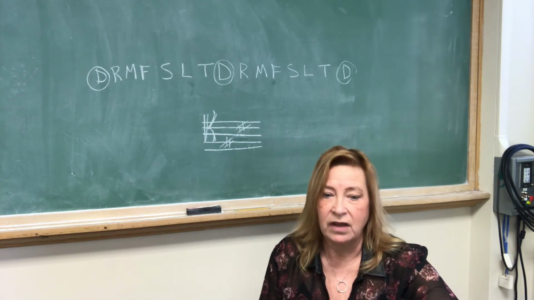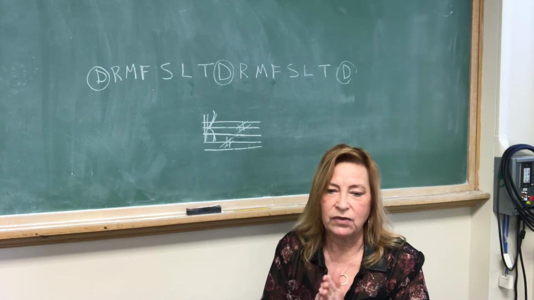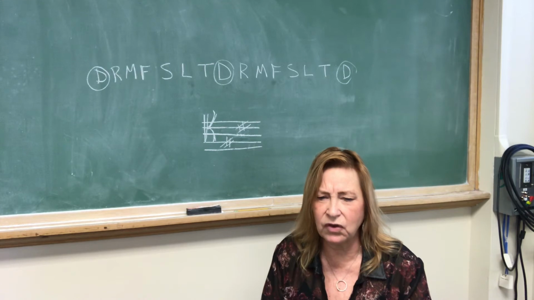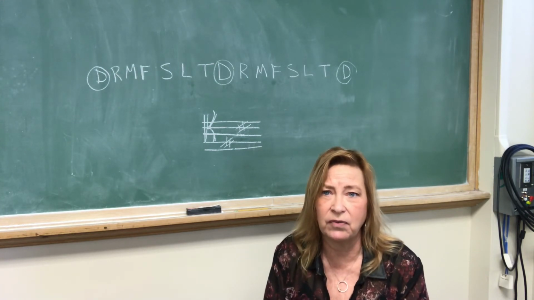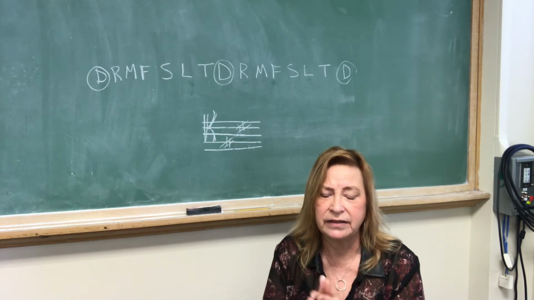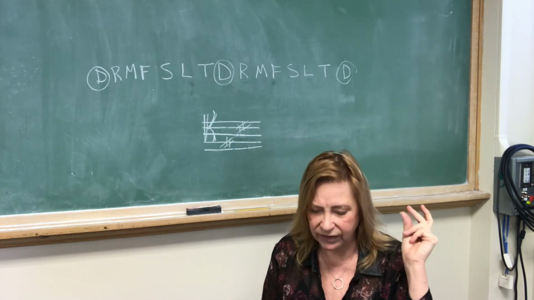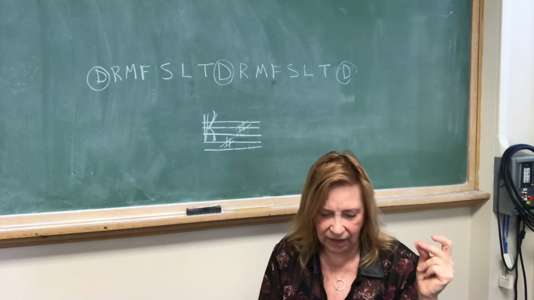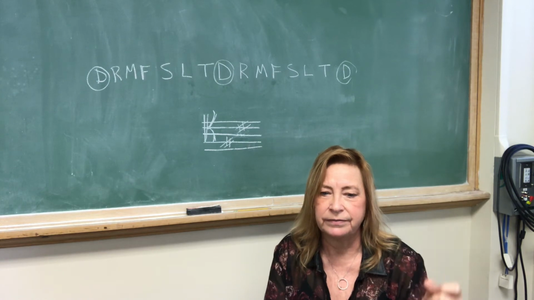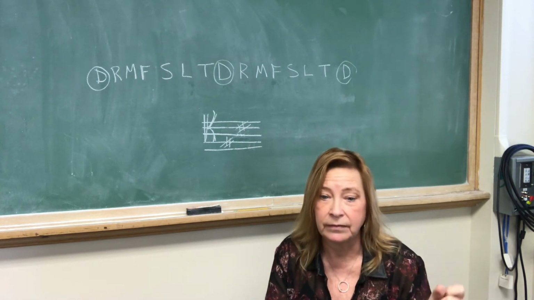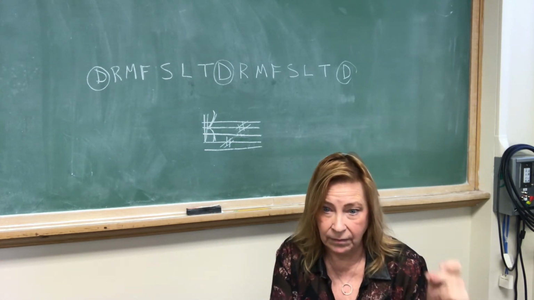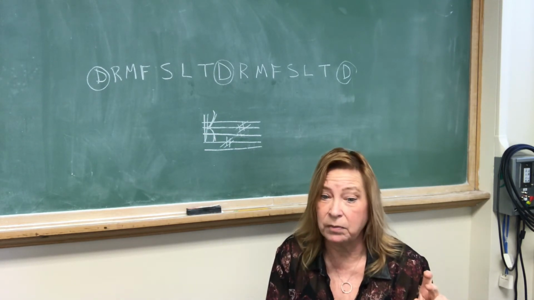Okay. So I did want to give you just a little hint. The rhythm in the third bar is something we haven't really encountered before. If I'm clapping, I guess I'll snap 8ths. That's the third bar.